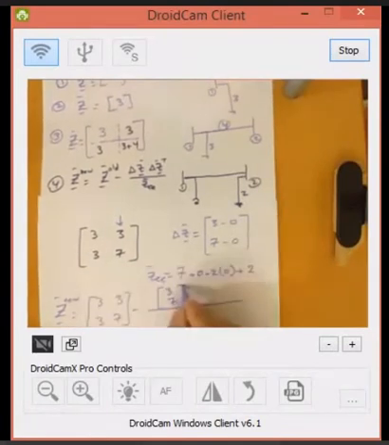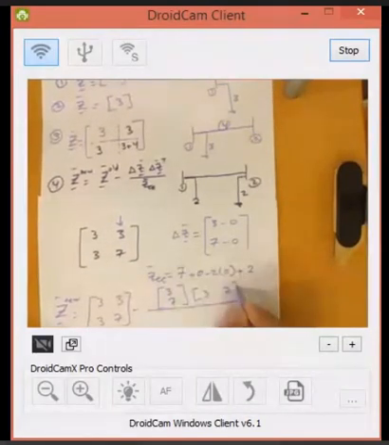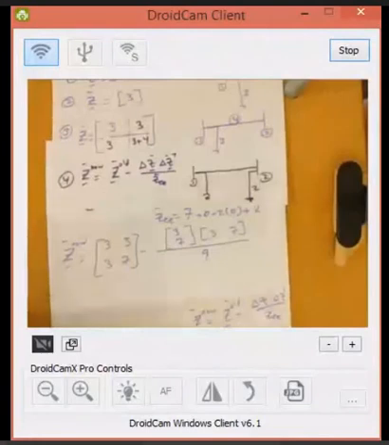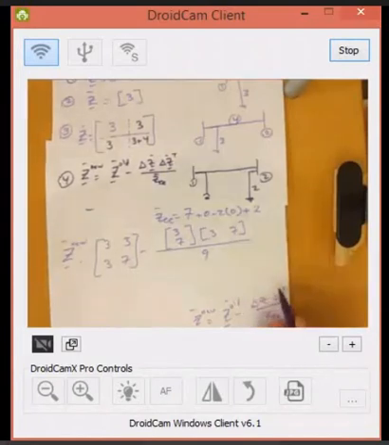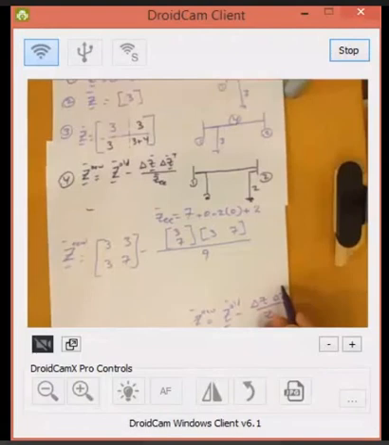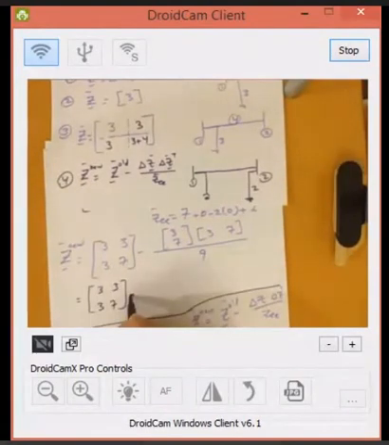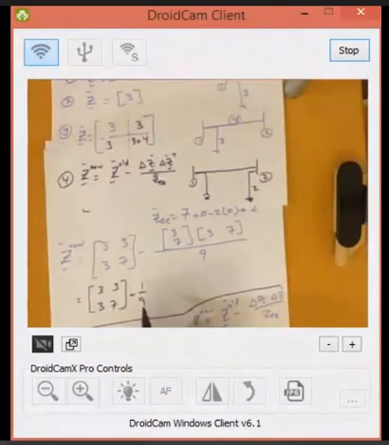If we solve this now, it is equal to 3, 3, 7 minus 1 over 9 times: 3 multiplied by 3, 9; 3 multiplied by 7, 21; 7 multiplied by 3, 21; 7 multiplied by 7, 49.